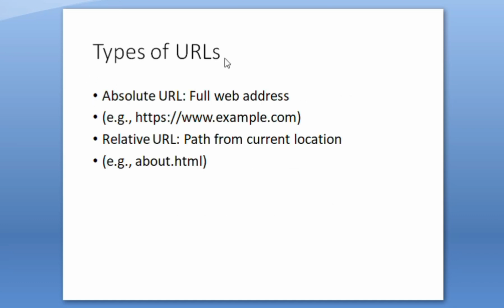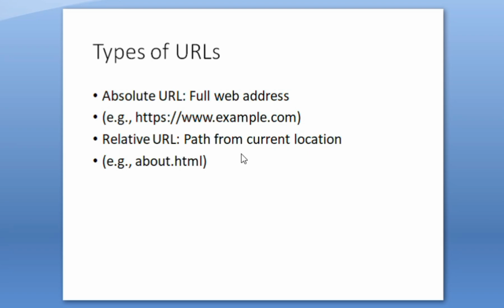First one is the types of URLs. Here you can see there are two types of URLs: absolute URL and relative URL. In absolute URL, we have to give the full web address. The next one is relative URL.